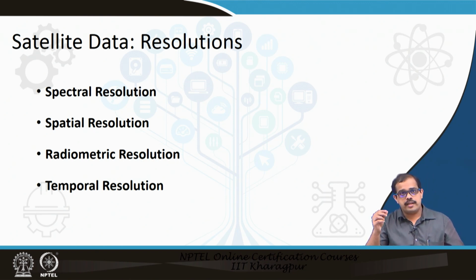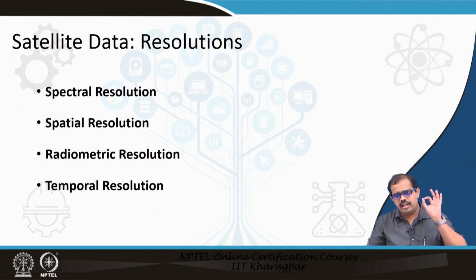So, when you want to buy or download data, the first things that you have to understand are spectral, spatial, radiometric and temporal. Though temporal is completely fixed when the sensors are placed on the satellite, the other three things are extremely important for your analysis. The first is spectral resolution, the second is spatial resolution, and the third is radiometric resolution.